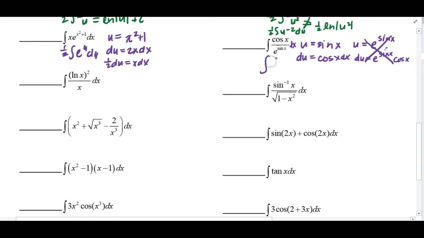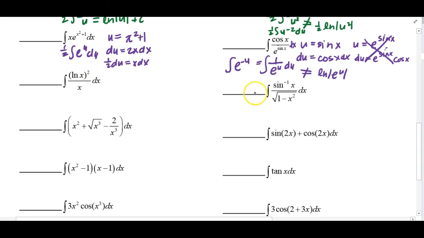And now this becomes 1 over e to the u du, which is not natural log of absolute value of e to the u. Just again, the millionth reminder that this is not it. We'd have to instead rewrite it as e to the negative u, which would be negative e to the negative u plus c, and so on. But it's not ln of e to the u.